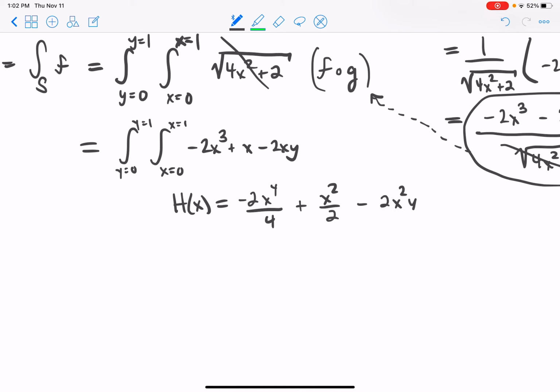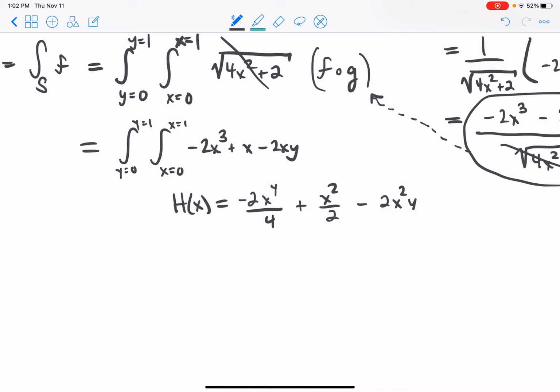Okay, so this is minus x to the 4th over 2 plus x squared over 2. And then these 2's cancel, and I get minus x squared y. Okay, so now I do h of 1 minus h of 0. Okay. Minus 1/2 plus 1/2 minus y. Okay, so first integral is done.